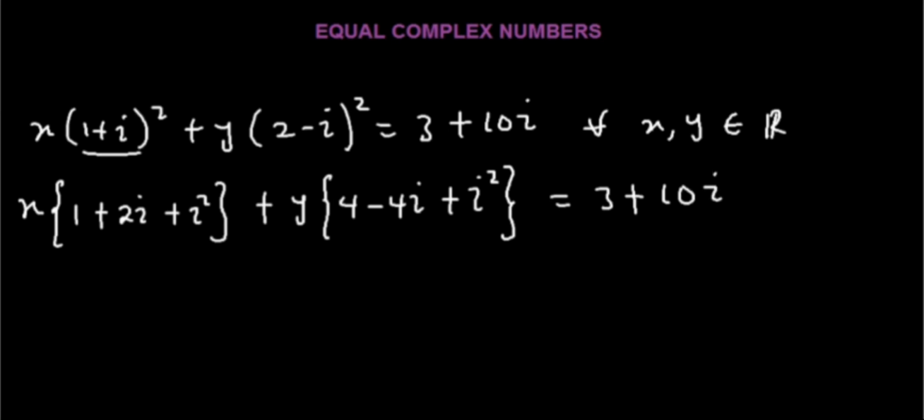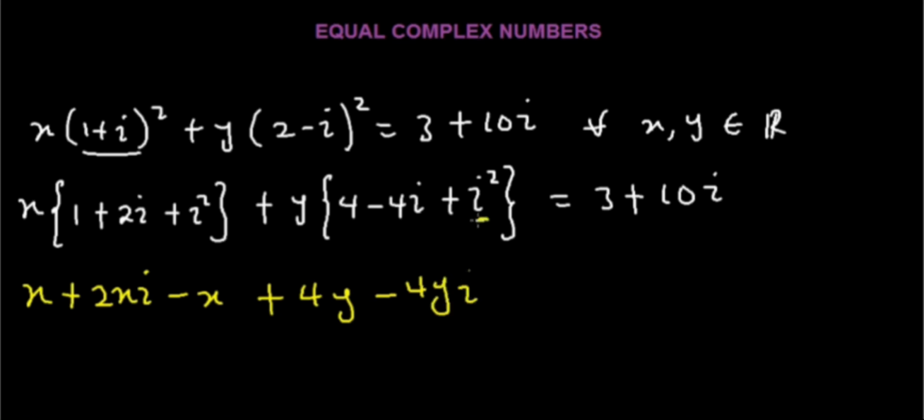So let's open the brackets one after the other. I'll have x plus 2xi minus x here, since my i squared here will be minus 1, plus 4y minus 4yi. The i squared here will be minus 1, so I'll be having minus y. Everything is equal to 3 plus 10i.